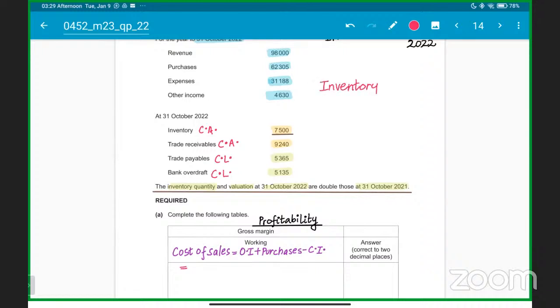They are telling us that the inventory valuation at the end of the year is double the opening inventory. So the opening inventory, which is at the start of the year, will be what, students? $7,500 divided by 2. Getting it, half of it. So that is the opening inventory. That is what you need. A lot of students will be confused about this. So that is what we have done here. Okay, clear on this?